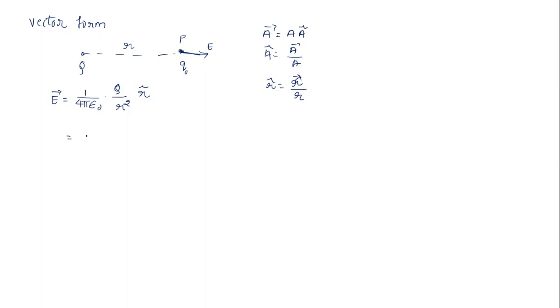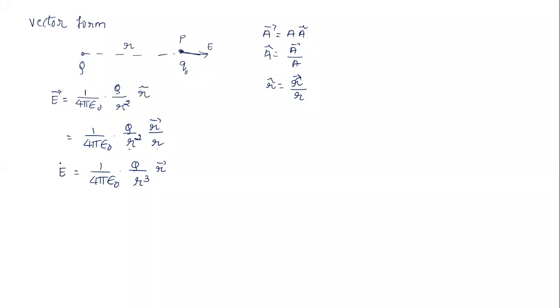This vector form, that is 1 by 4 pi epsilon naught into q by r square into r cap, is given by r vector by its magnitude r. So this r square and this r are going to multiply. It will become 1 divided by 4 pi epsilon naught into q by r cube into r vector.